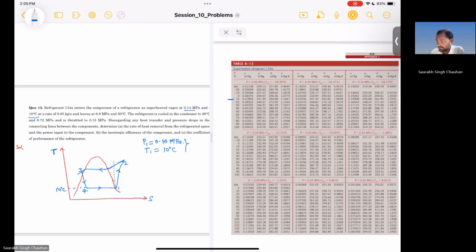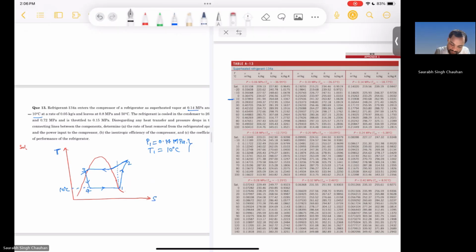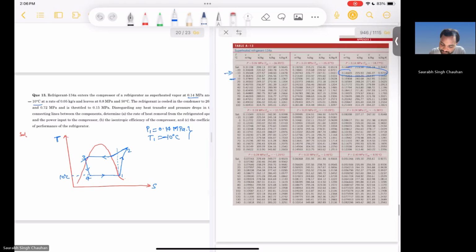So the enthalpy at this point is 246.37 kilojoule per kg.